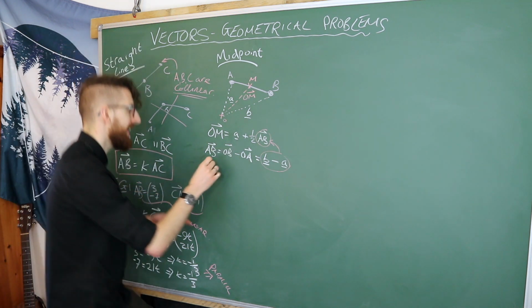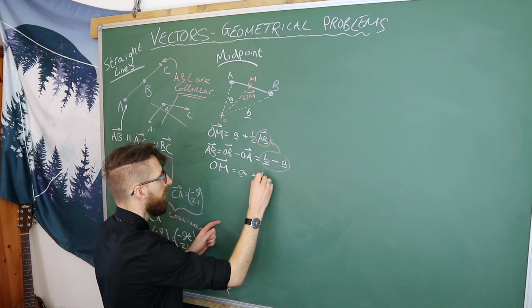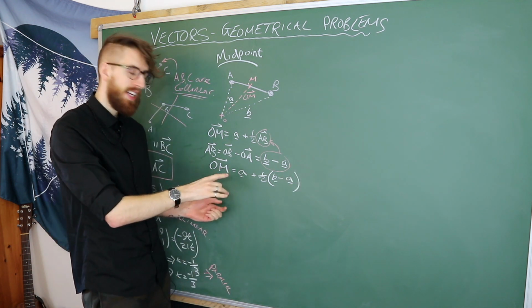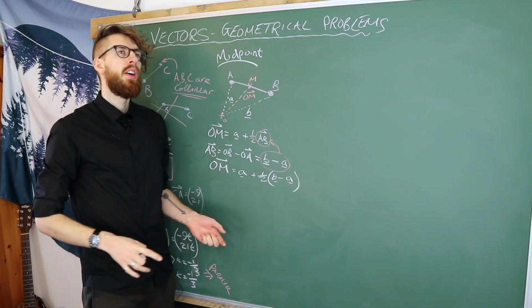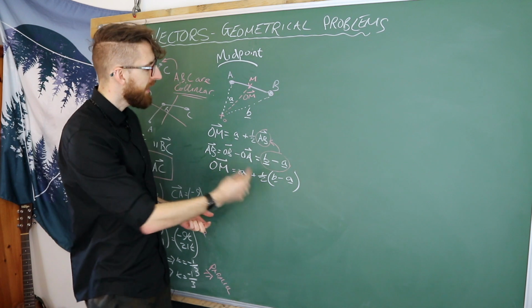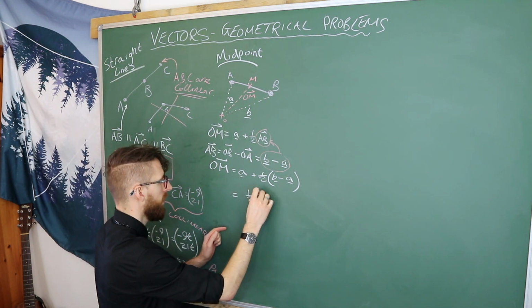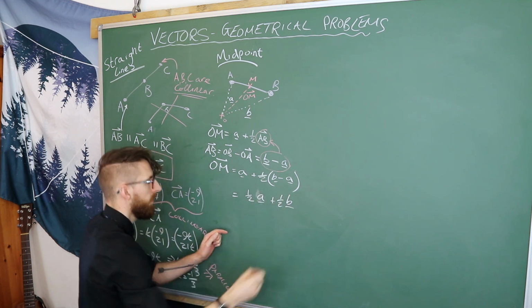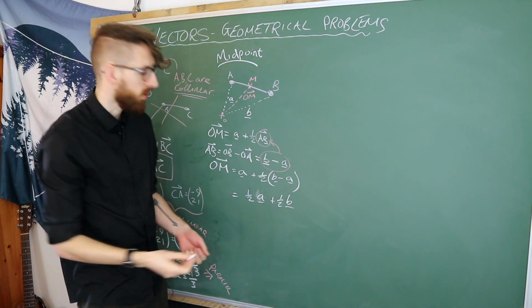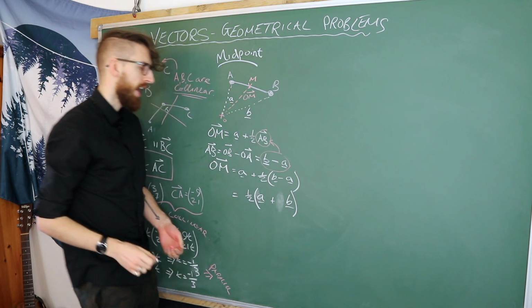We're going to stick this in instead of that AB there. Then what we get clearly simplifies down to just this next step: half A plus half B, or more commonly written as that.